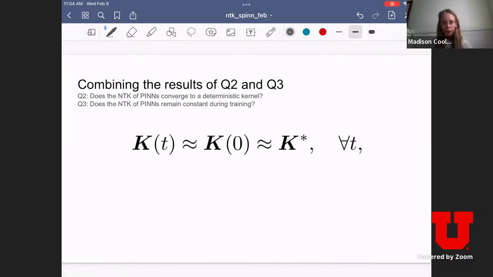So if you combine those two results, that being, does the NTK converge to a deterministic kernel and remain constant during training? You can say something like this.